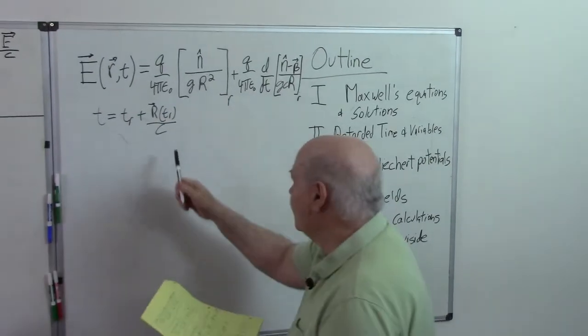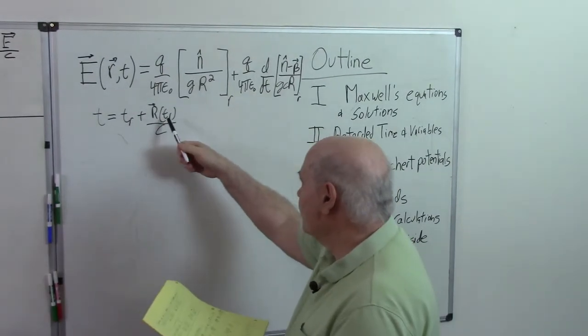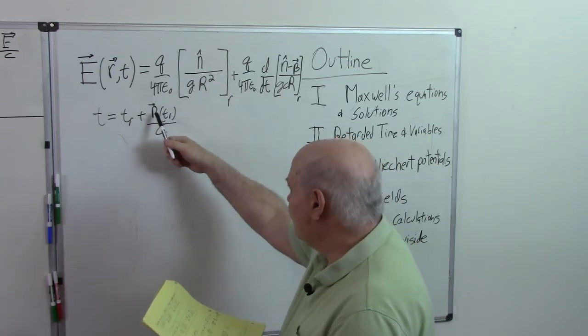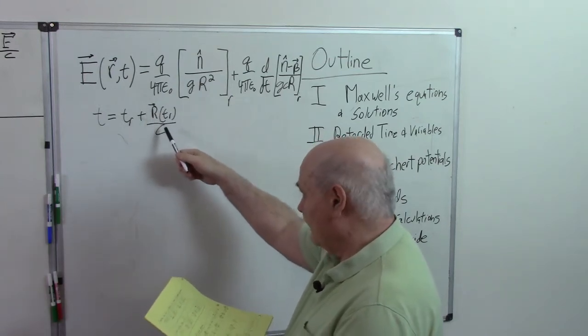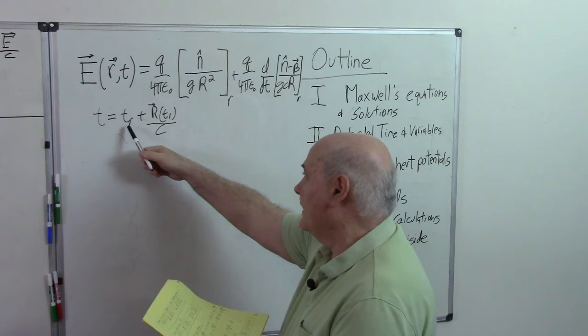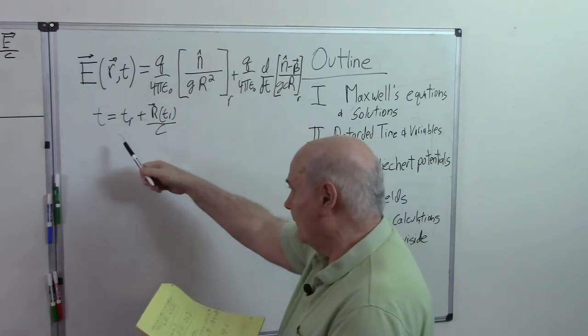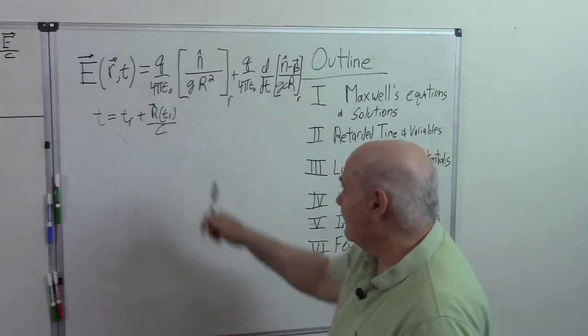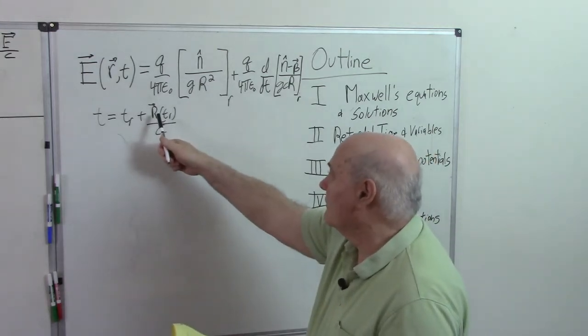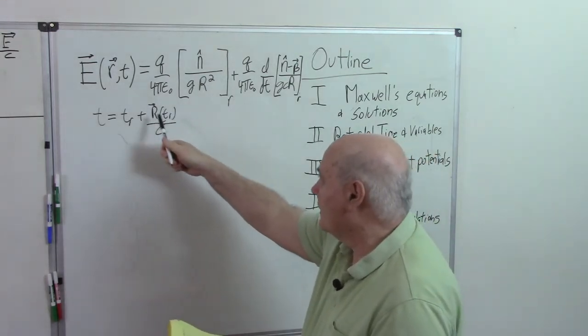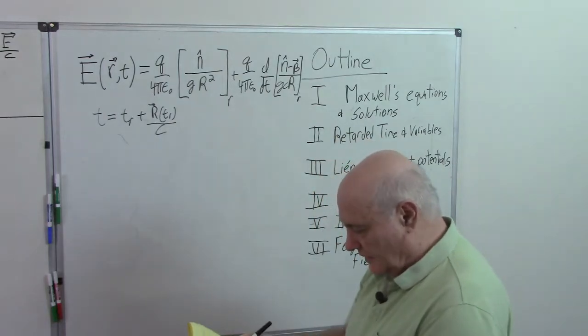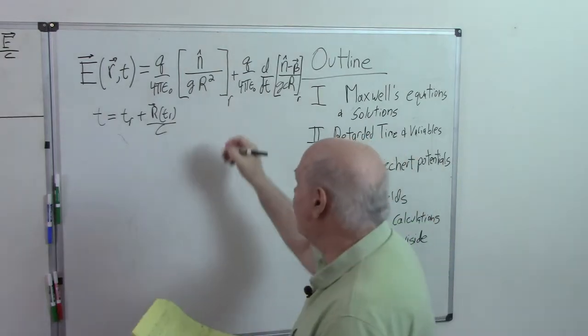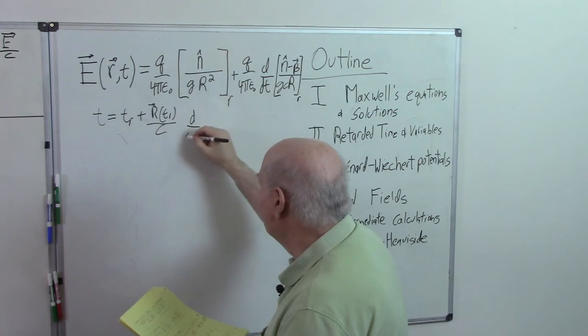In other words, a signal at an earlier time t_r, at this distance away, traveling at the velocity of light, and then adding that to the earlier time, we get to the current time. So a signal takes this time to travel from the charge at the retarded time to the observation point.